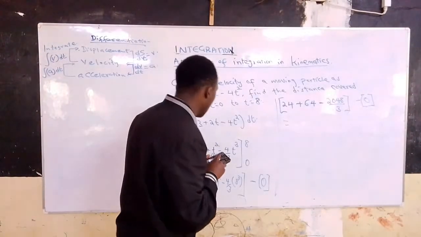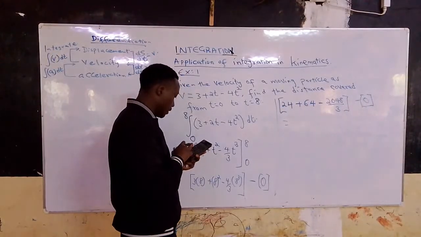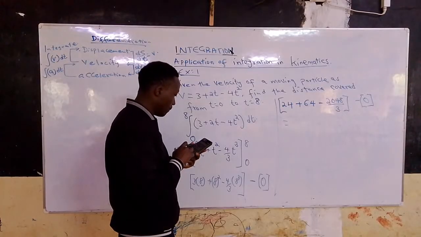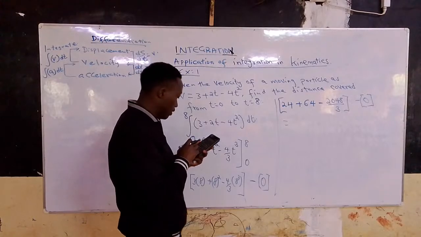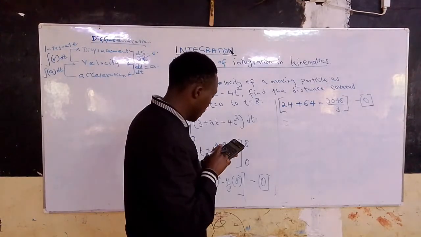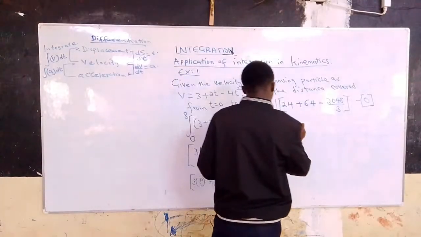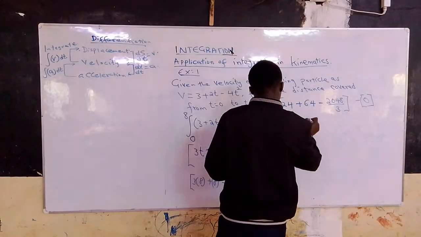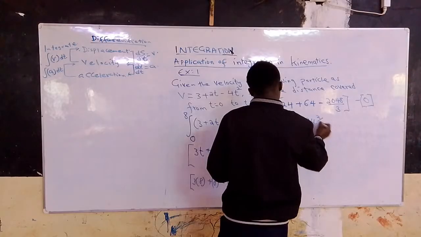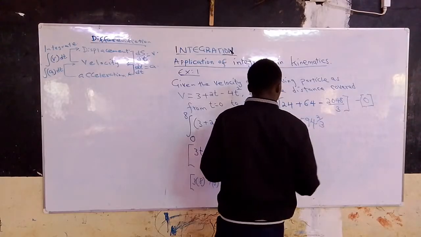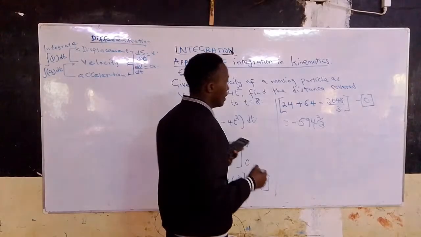Then once we work that one out, 24 plus 64 minus 2048 divided by 3, we will get our displacement as negative 594 and 2/3. So that will be our displacement.